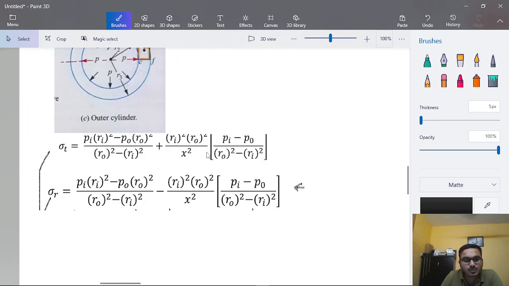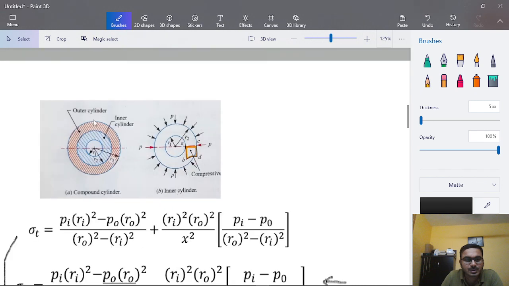For the outer cylinder, that contact pressure P will only behave as the internal pressure, completely reverse than the inner cylinder.